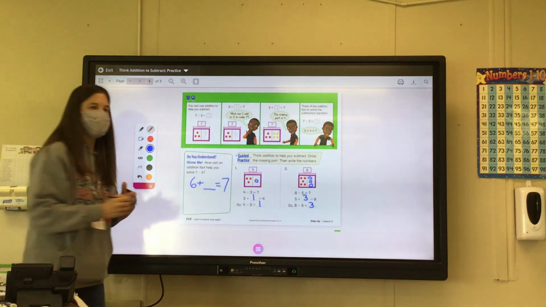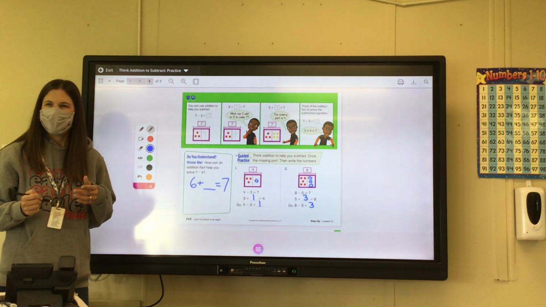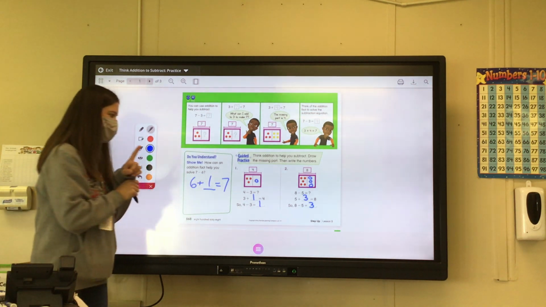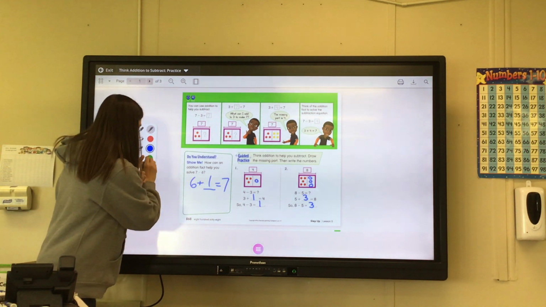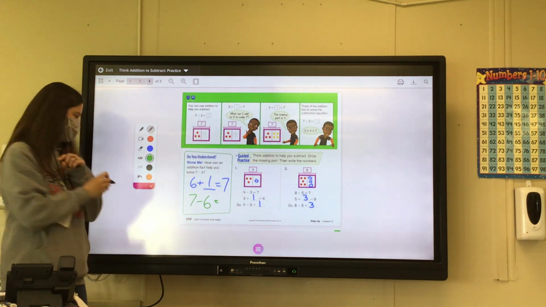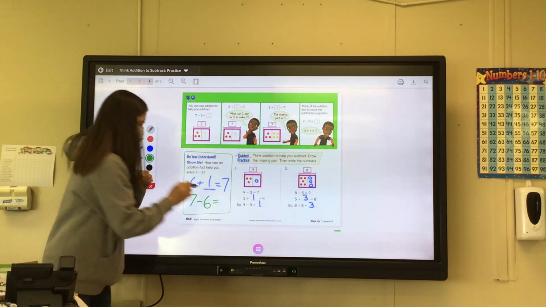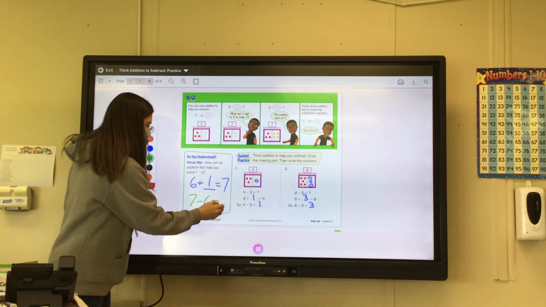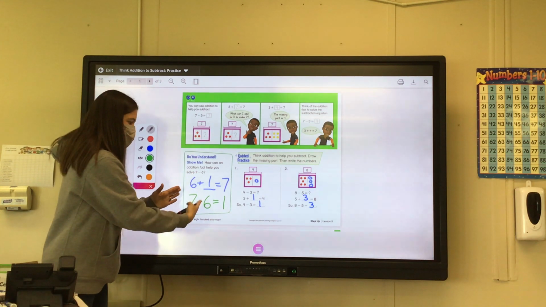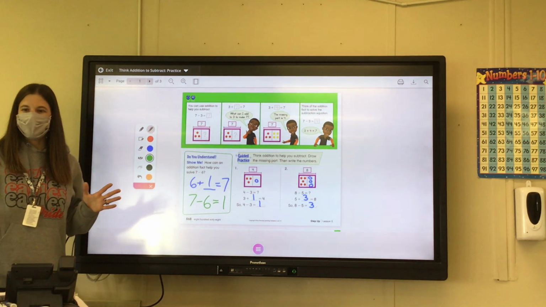What does 6 plus what equals 7? 1. We know 6 plus 1 equals 7. So what do you think 7 minus 6 equals? 1. There you go. The two parts make the whole. Here, the whole minus one part equals the other part.